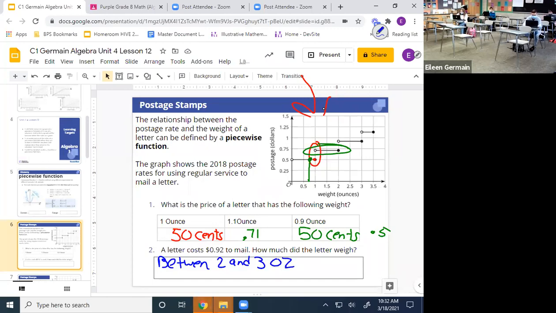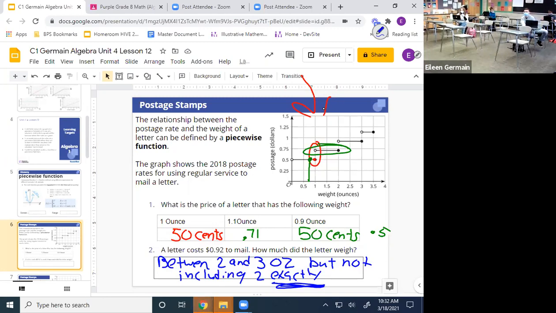But he also added, but not including 2 exactly. I would phrase it as: between 2 and 3, but not including 2 exactly.